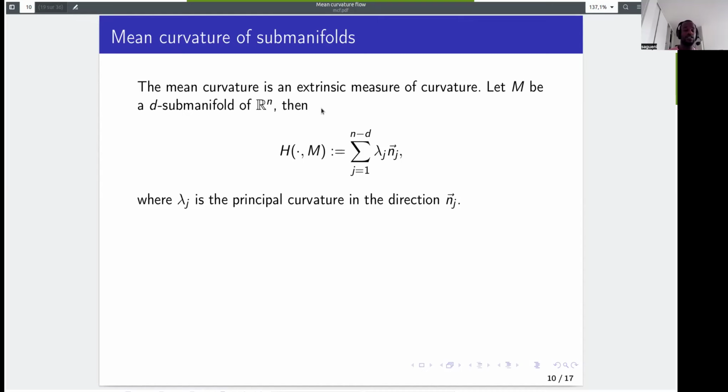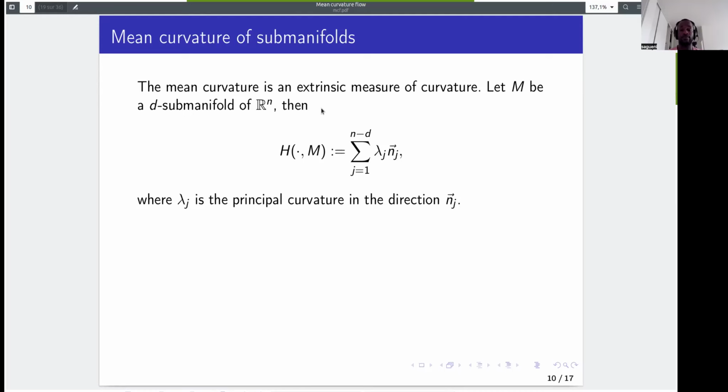But for the mean curvature, you embed the manifold first, and you try to compute its extrinsic curvature, and you find the mean curvature. It depends on how you embed your manifold in R^n. So for example, a sphere may have different mean curvature depending on how you embed it in your space.